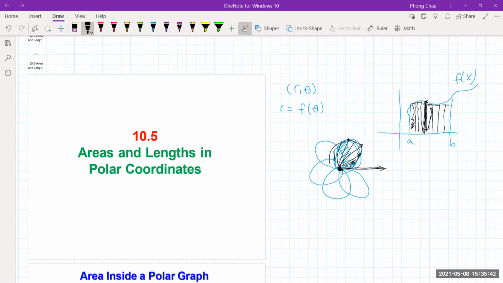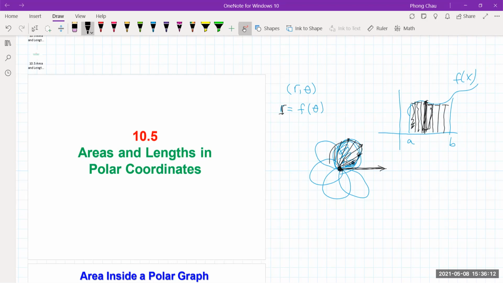But the height of each rectangle is hard to measure because it's this y coordinate minus the y coordinate at this point. And don't forget that in the polar graph, you don't have the y coordinates. All you have is the distance from the point to the pole. So this distance we know, but the vertical distance we don't know.